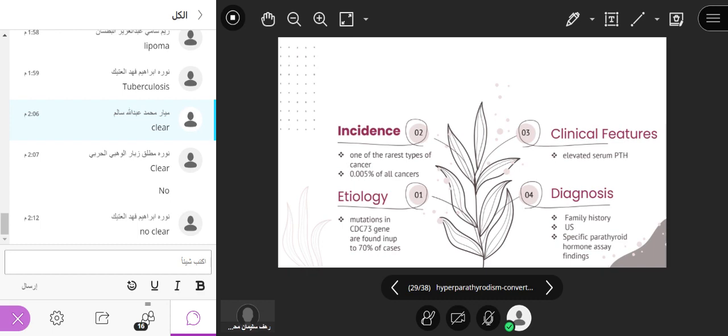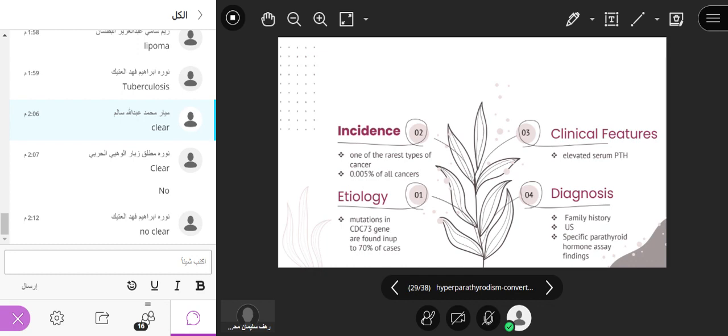So any mutation in this gene will not suppress cancer. Its incidence is one of the rarest types of cancer, 0.005% of all cancers. It presents with elevated serum parathyroid hormone and its signs and symptoms.